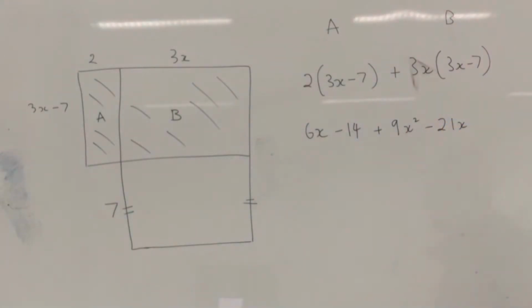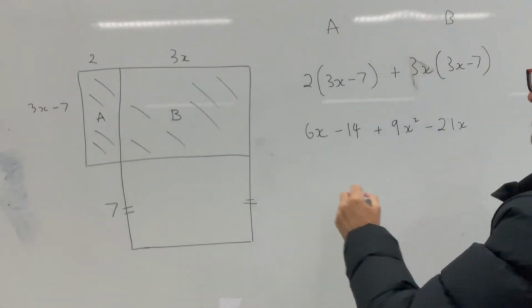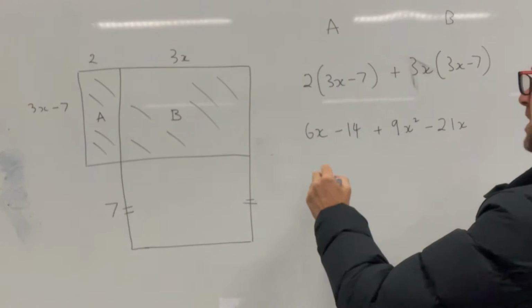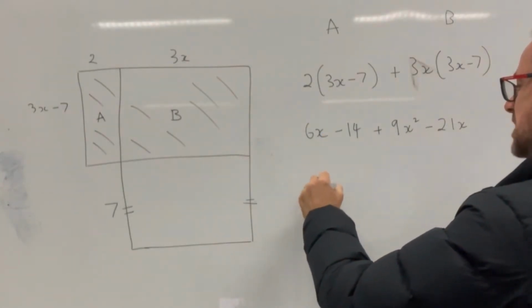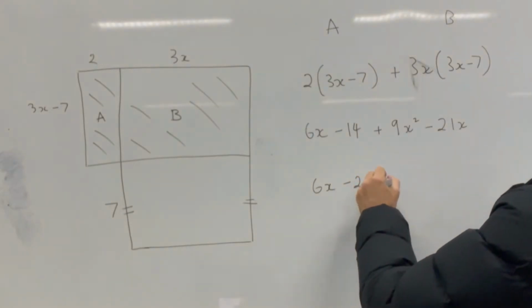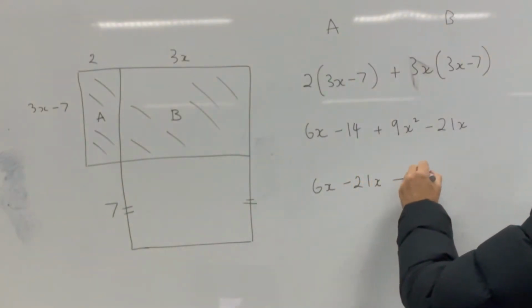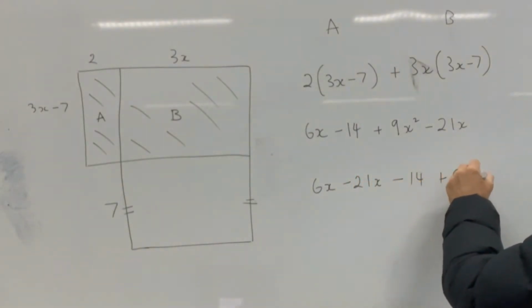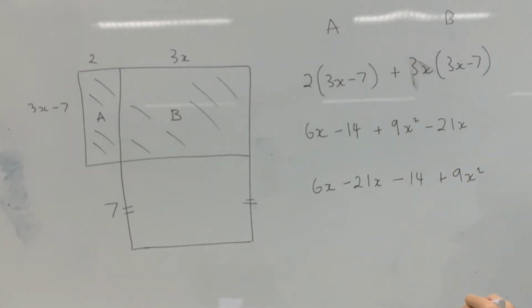So now we want to gather our like terms. So let's put 6x, take away 21x, take away 14, and plus 9x squared.